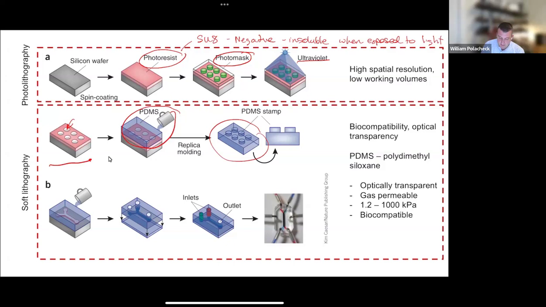The reason we use PDMS, polydimethylsiloxane, is that it gives us the biocompatibility and optical transparency, which were requirements of our original assays. After this replica molding process, we can punch out holes and connect devices to allow pressure and flow control.